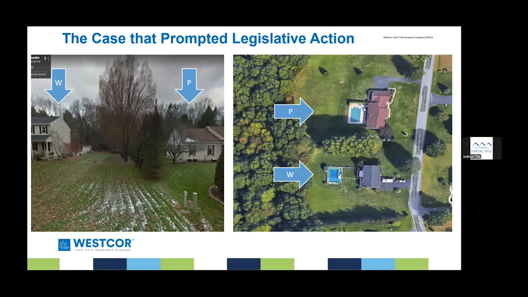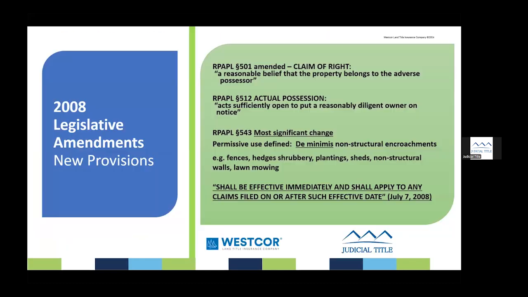So those two rulings probably stand out as a trigger that prompted the rule to change and add some different criteria in the 2008 amendments. So how did the 2008 amendments change adverse possession?